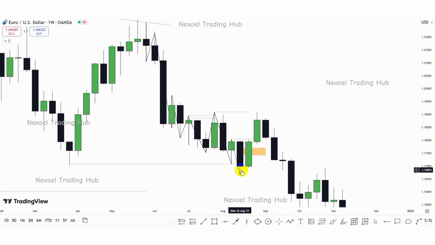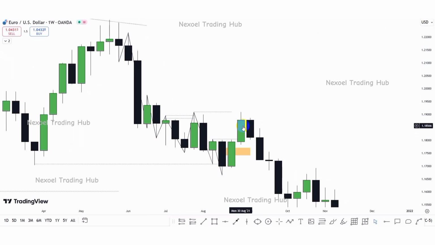If you find inducement in the lower time frame, then you should expect that the first thing the market would want to do is to take out the inducement in the lower time frame and then mitigate a zone that is above the inducement or below the inducement, depending on the condition of the market. You get it? Meaning, if the market is bearish, definitely your inducement is on the swing high.